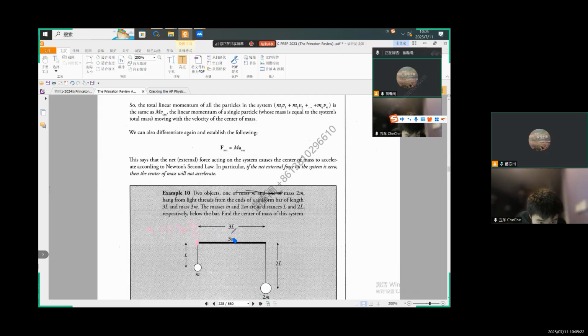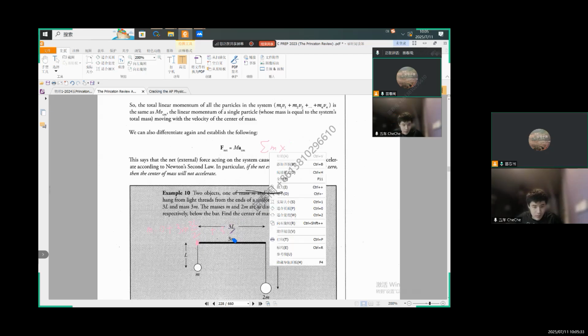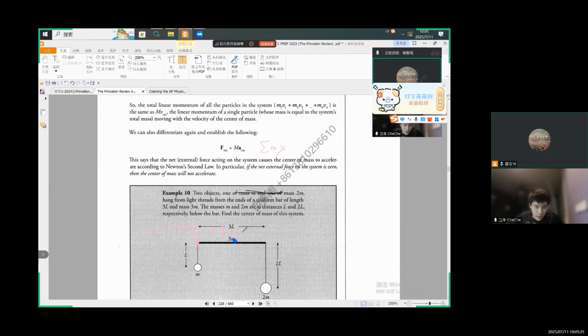For this one, I'm talking about all sigma m x, and this is the origin, and this is 2m times 3L, right? So from here to here is 3L. Does that make sense? Yeah.